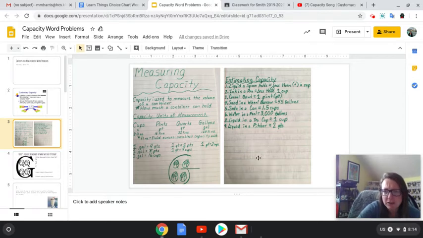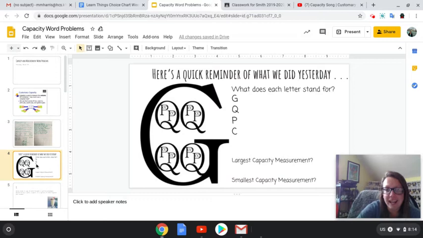And yours should be looking similar, where we have some of our vocabulary words and we know what they mean. And then we have our units of measurement, from the worksheet that we did yesterday.